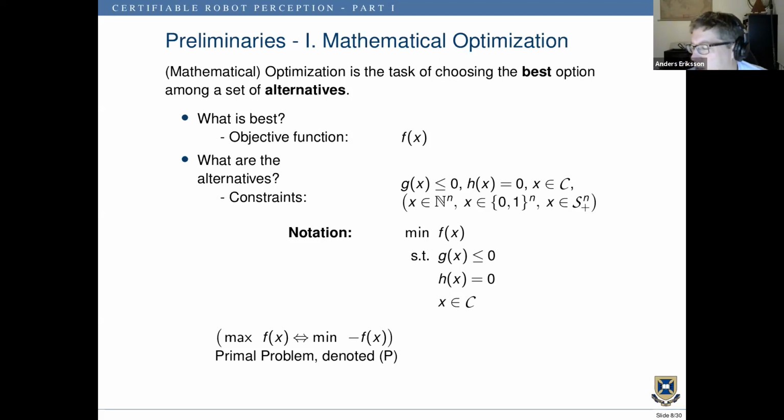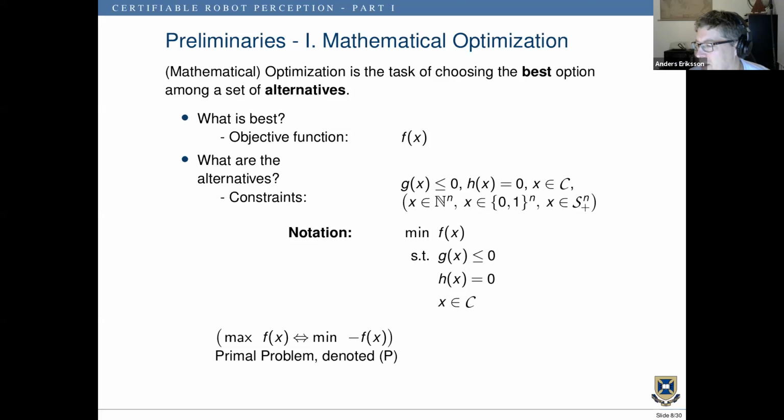These are typically given in a number of different ways. You can have them as inequality constraints, equality constraints, perhaps some kind of set notation. It depends a little bit on the problem and the author of that paper.